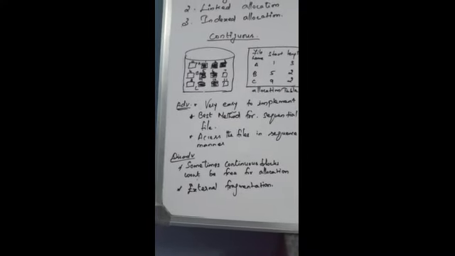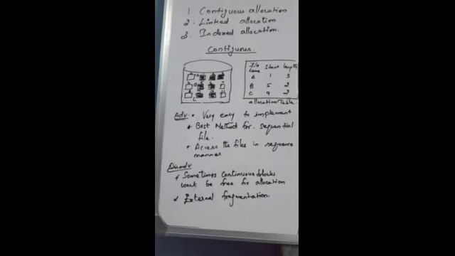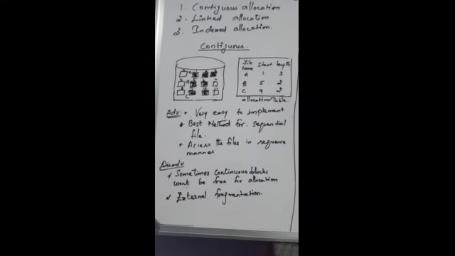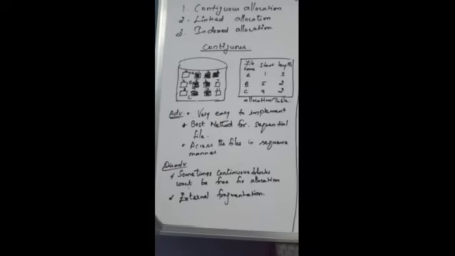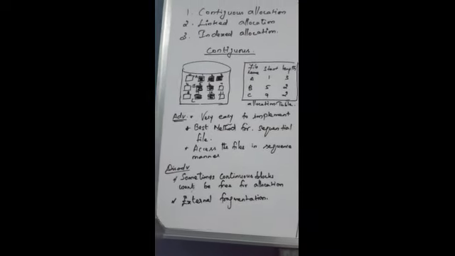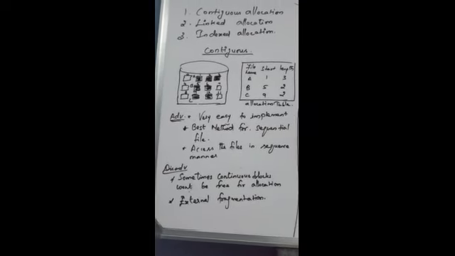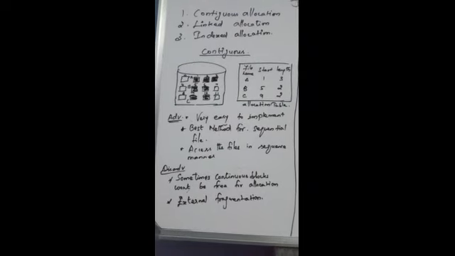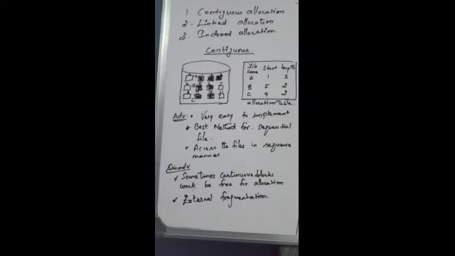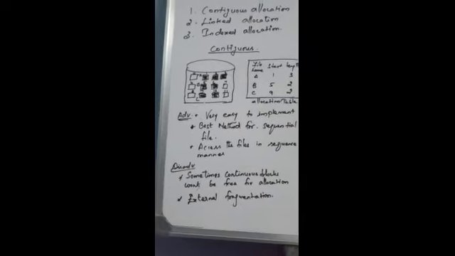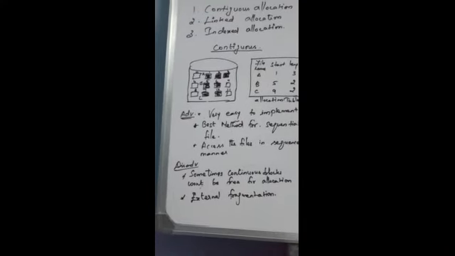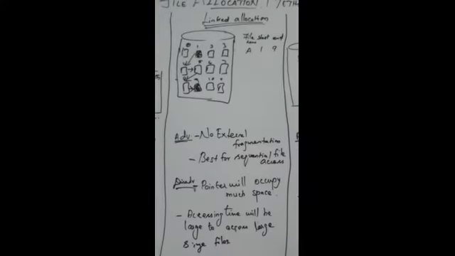So based on the file size, the allocation will sometimes be possible and sometimes not. Another disadvantage is external fragmentation. As I mentioned above, sometimes free blocks will be available, but the blocks will not be in a sequential manner. At that time, external fragmentation will arise.